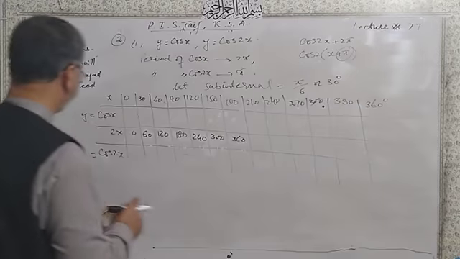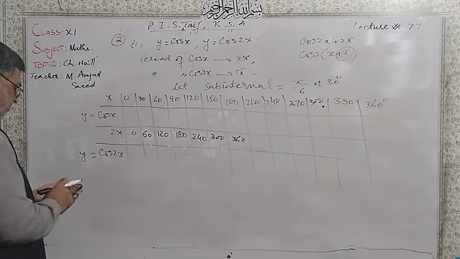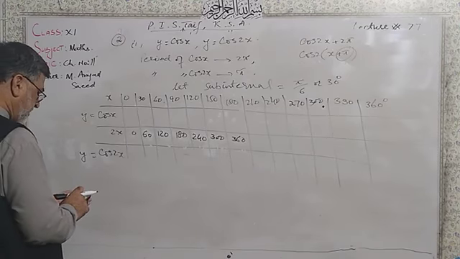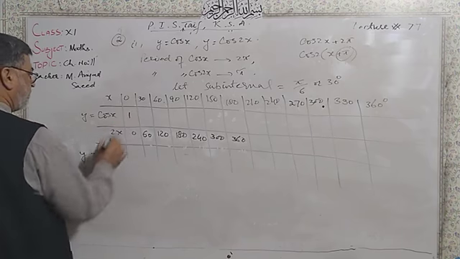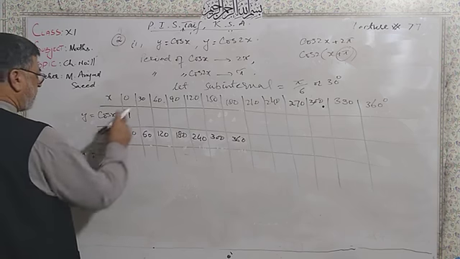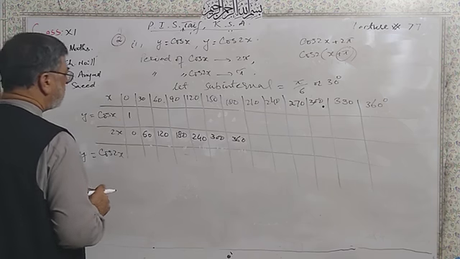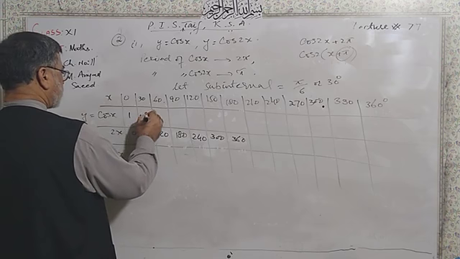Now we will check. Cos 0 is 1. Cos 30 is 0.866.